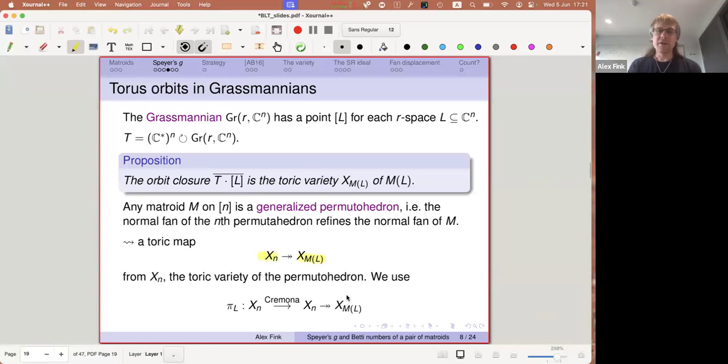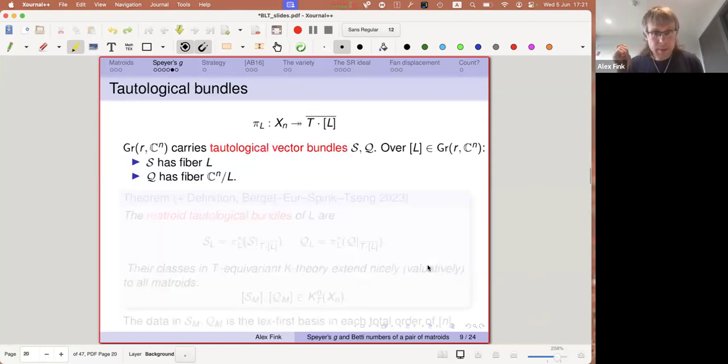For sign convention reasons, we'll actually do it as I did here on the bottom, and twist by the Cremona map of the permutahedron, invert all the coordinates of the torus, just a sign convention. So we've got that map. And now we have tautological vector bundles on the Grassmannian, the tautological subbundle and the quotient bundle, whose fibers over a linear space are that space and the quotient of the ambient space by it.